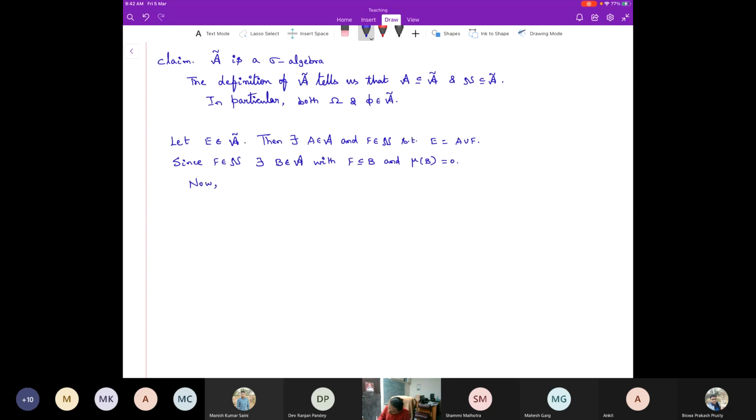Now you can notice that F contained in B implies B complement is contained in F complement.